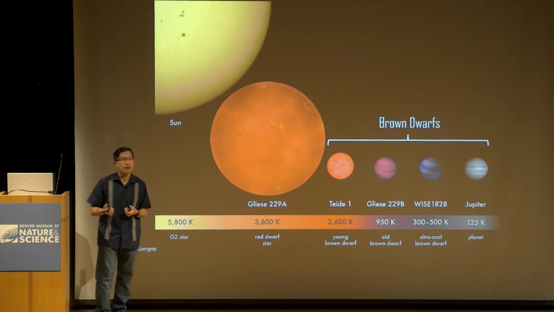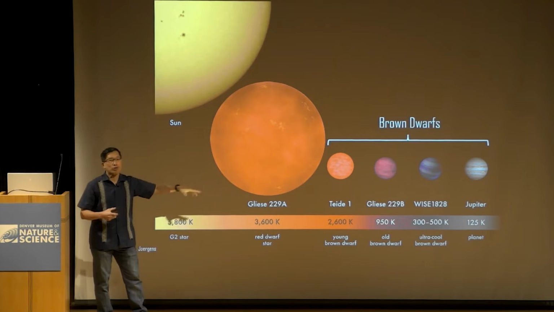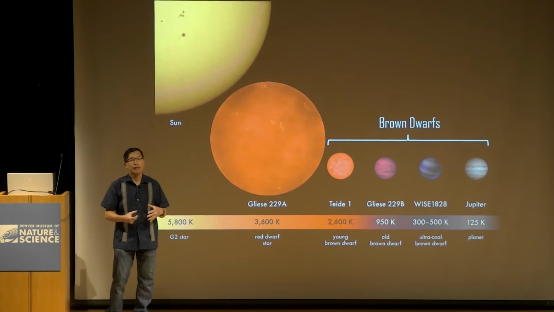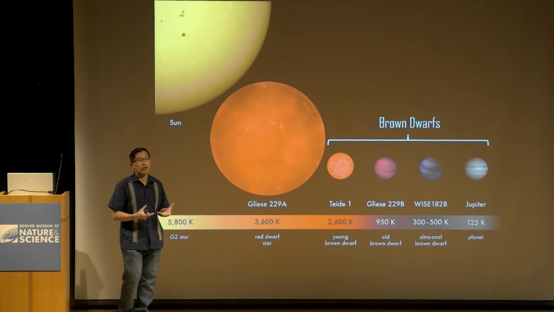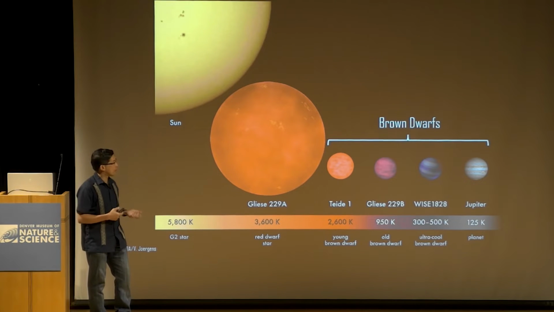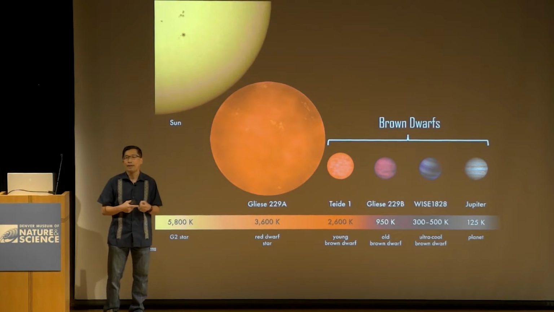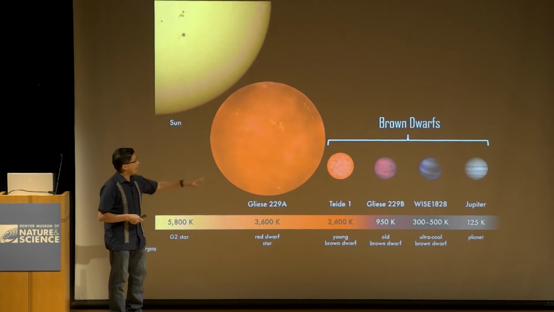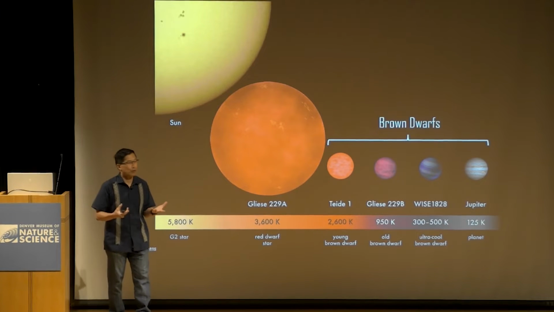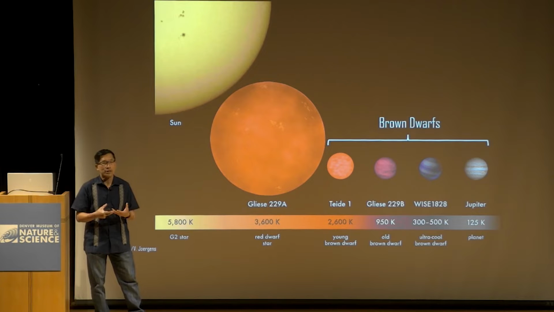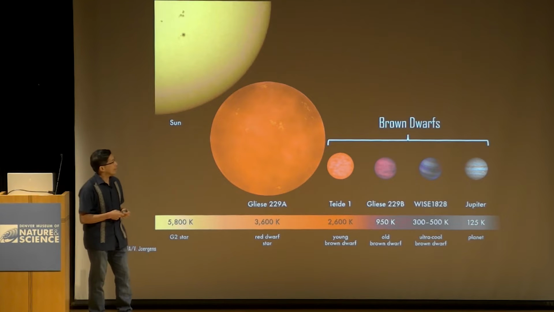Deuterium is a heavier form of hydrogen, and there's enough matter in these brown dwarfs that there's a lot of pressure weighing down on the center of the core. That pressure is enough to raise the temperature so that deuterium can fuse, but it doesn't create as much energy as regular hydrogen fusion. When these brown dwarfs form, they collapse out of molecular clouds of gas and dust, mostly hydrogen, some helium, and a small smidgen of all the other elements in the universe.